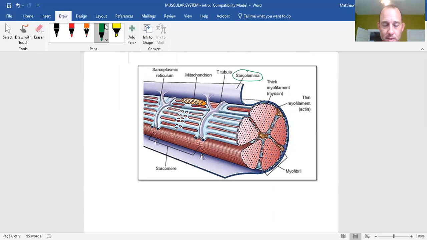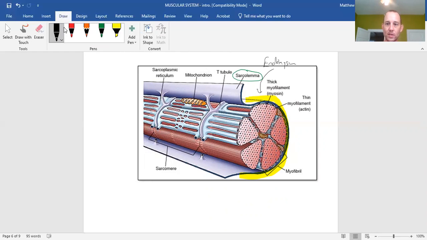What I want you to recognize in this picture, that they don't have on here, is that there would be a wrapping surrounding that whole thing. That wrapping would be what? The endomysium. It surrounds each muscle fiber.